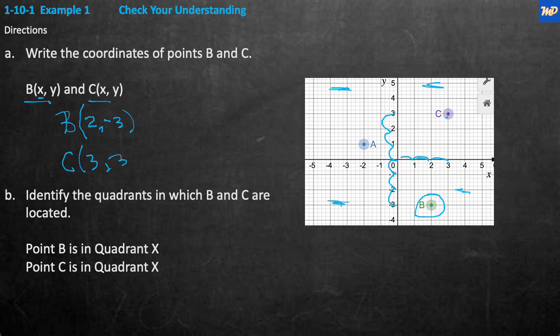It was Roman numerals: 1, 2, 3, and 4, which is IV, quadrant 4. So B is located in quadrant 4. And C is located in 1, 2, 3, 4. It's in 1, right here. C is located in quadrant 1.